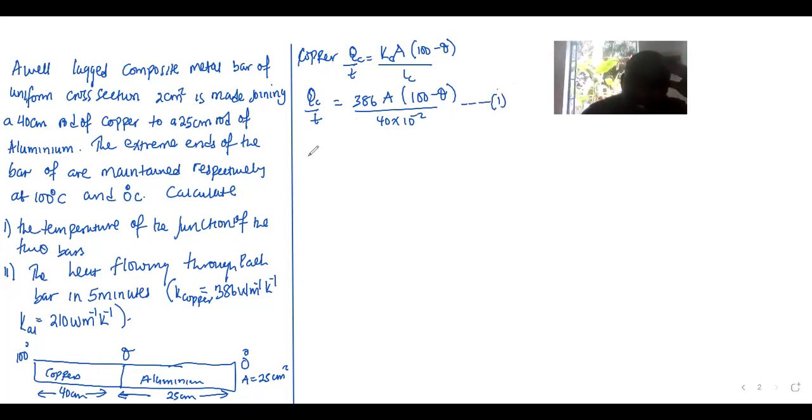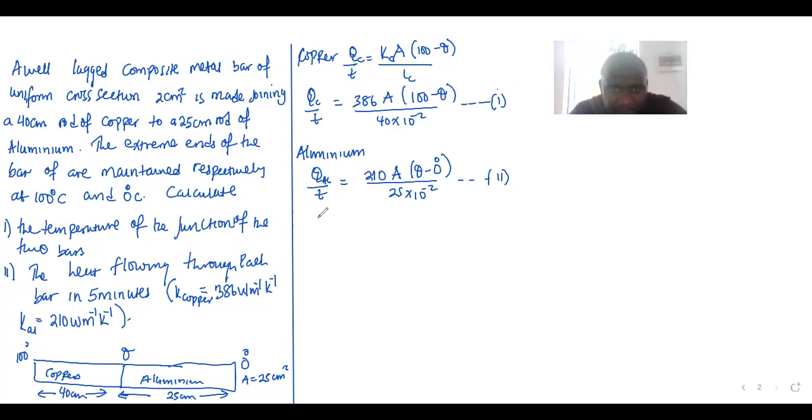Then for aluminium, the rate of heat flow through aluminium will give me the thermal conductivity of aluminium times the cross-section area, which is the same, times theta minus 0 degrees over the length of aluminium, which is 25 times 10 power negative 2. But for steady flow, the rate of heat flow is the same.